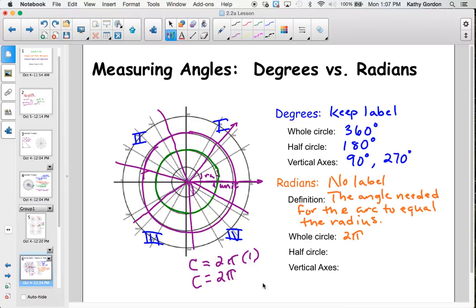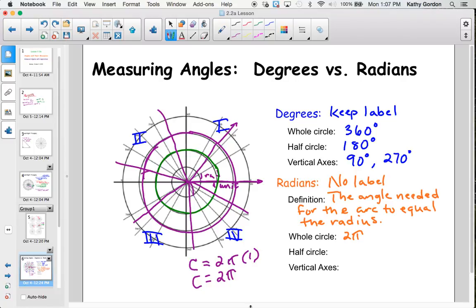If I put the 1 in here for my radius, what I'm getting is the distance all the way around. And whatever my circle is, if we just say the radius of that is a 1, then the distance all the way around the circle is always 2 pi. So in terms of radian measures, all the way around the circle is always 2 pi.